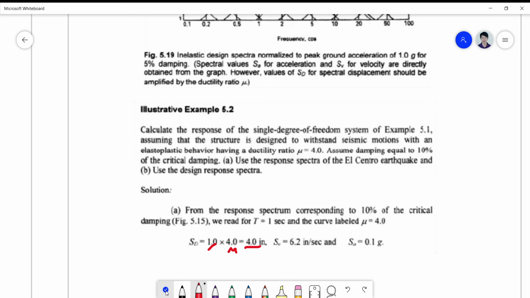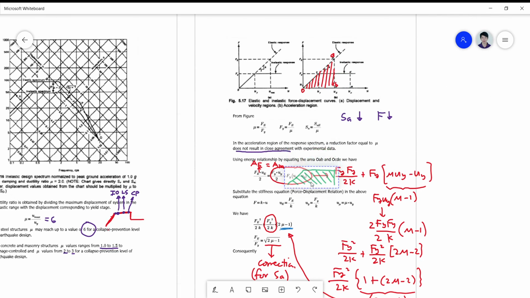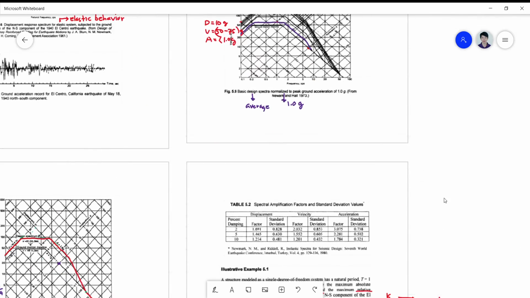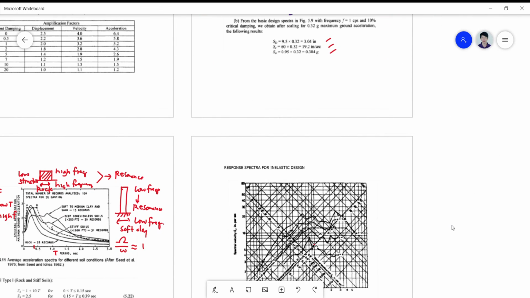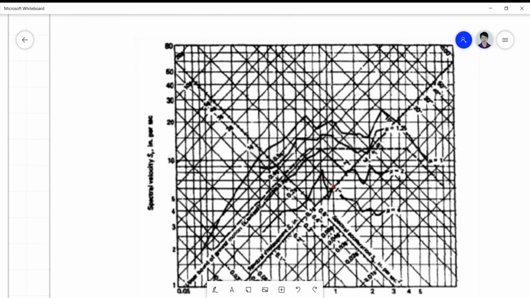So for SV, okay, for the velocity SV, we can look into this vertical axis somewhere at 5, 6.